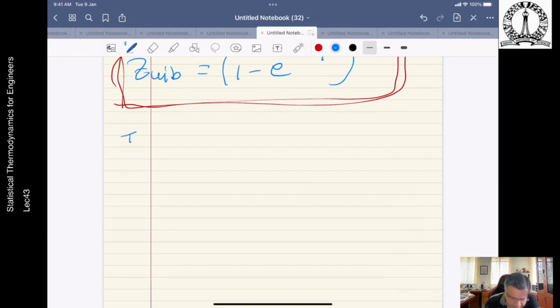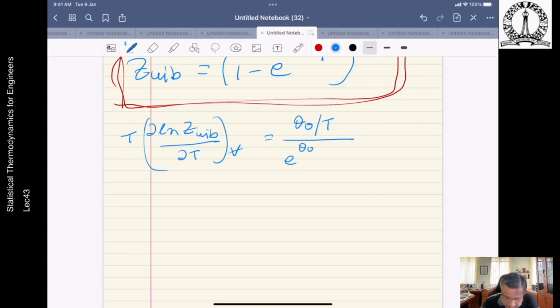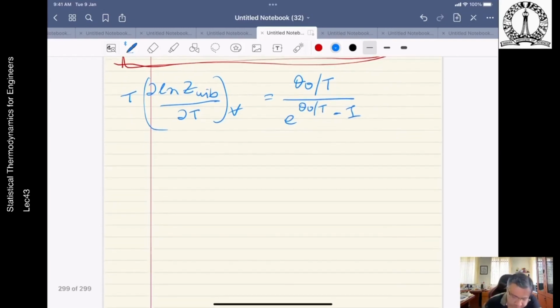One is T d ln z vibrational by dT at constant V, which is equal to theta v by T divided by exponential theta v by T minus 1, and then you have T squared.